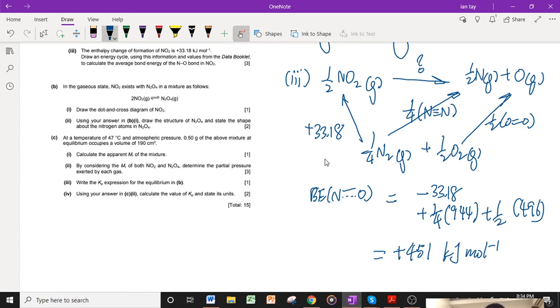Okay, so let us take a look at the next portion over there. If you were to observe with me, the next portion is that a dimerization of NO2 occurs. So draw the dot and cross diagram of NO2.